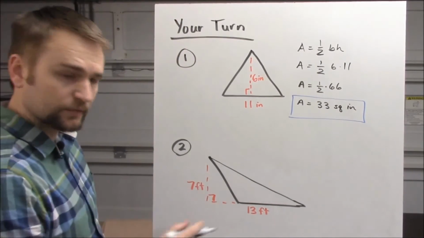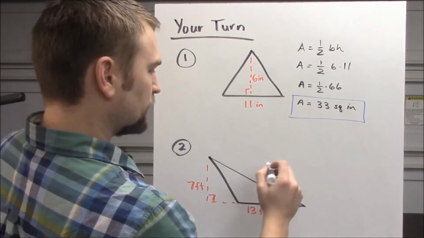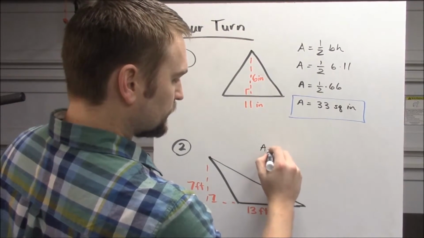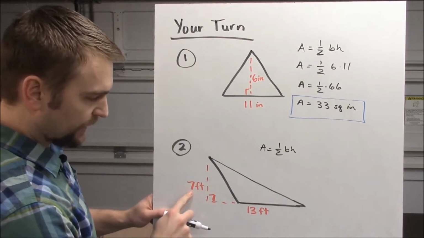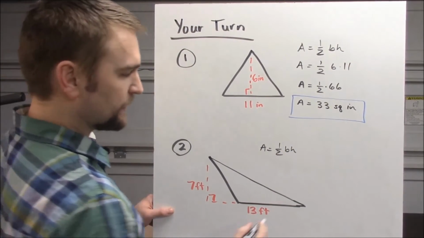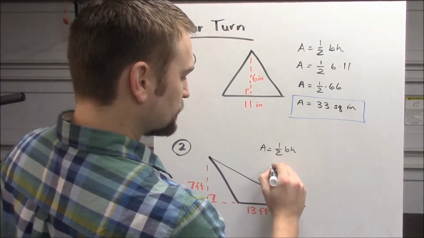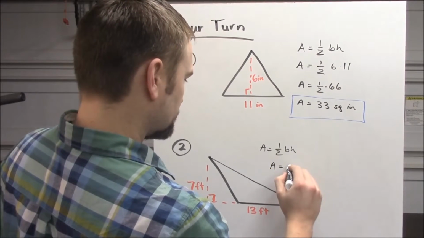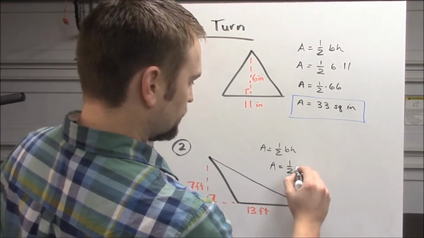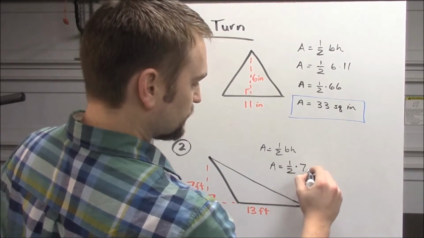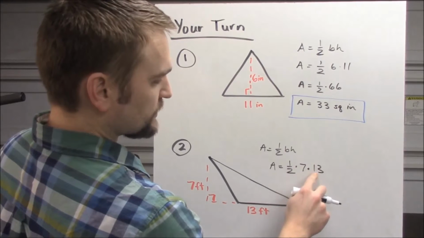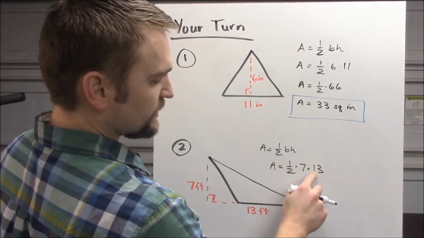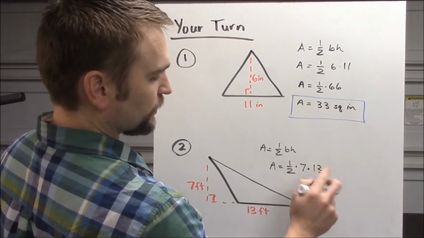All right, so coming down here in this problem, I have area equals 1/2 base times height. I have a height of 7 feet and a base of 13 feet. So area equals 1/2 times 7 times 13. And I know I can do 7 times 10 is 70 plus 7 times 3 is 21.